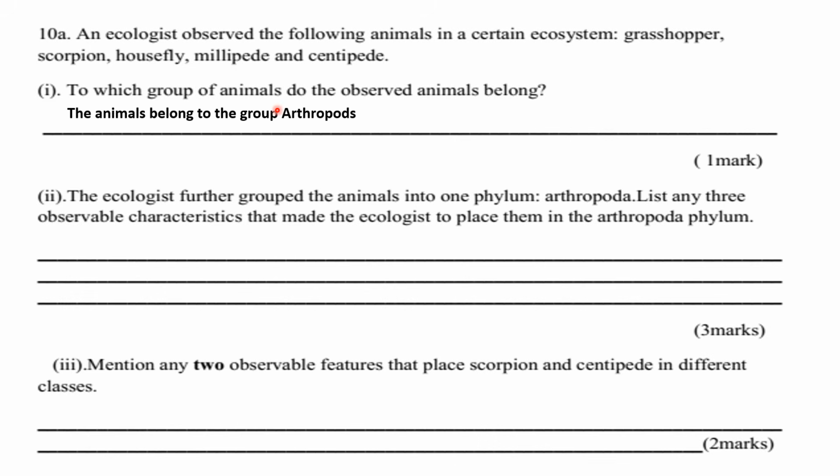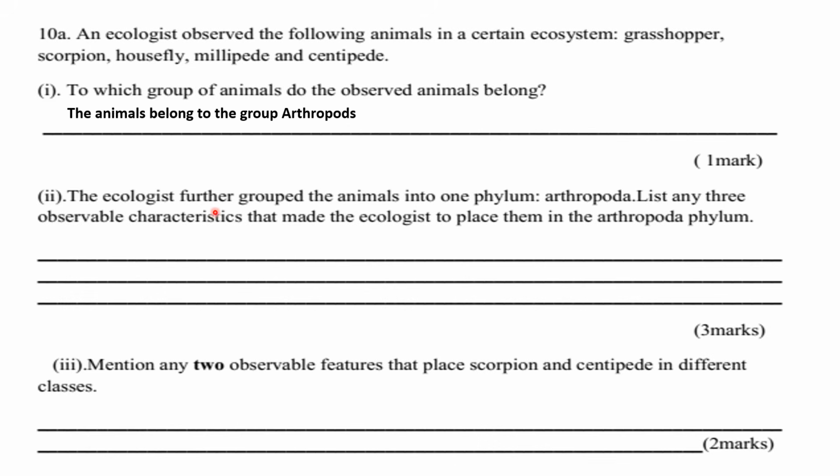Usually, arthropods have a hard outer shell which is made up of a material called chitin, protecting their bodies. They also have segmented body parts, such as most of them have a head, a thorax and abdomen, they have jointed legs, and they have bilateral symmetry.